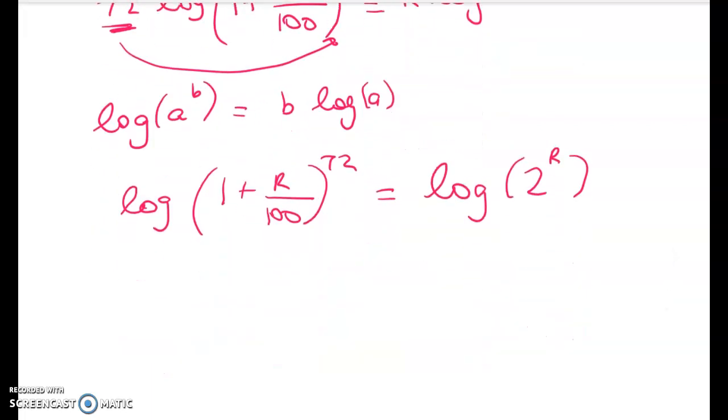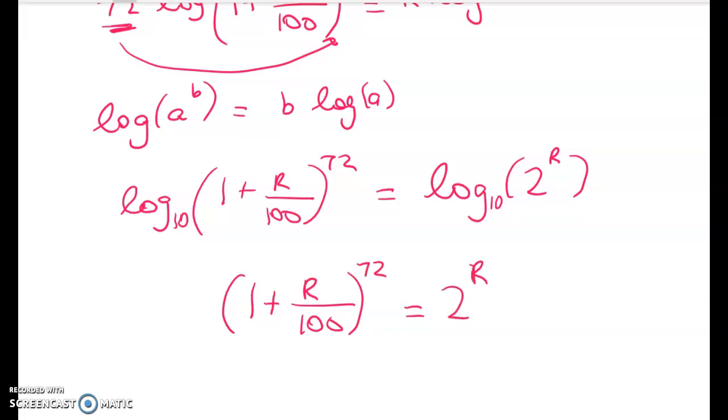Now we haven't talked about what base these logs are to, but we could think of them as being the log to base 10. So we can now do 10 to the power of on both sides, right? So we're undoing the logs. What we've got left with is this: 1 plus r over 100 to the power of 72 is equal to 2 to the power of r.